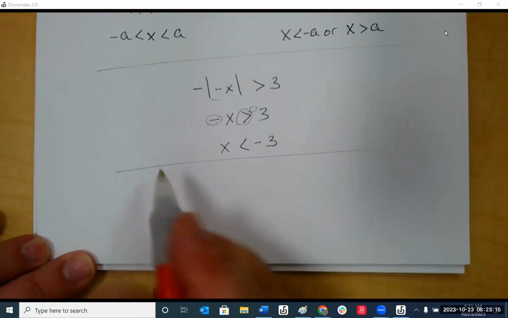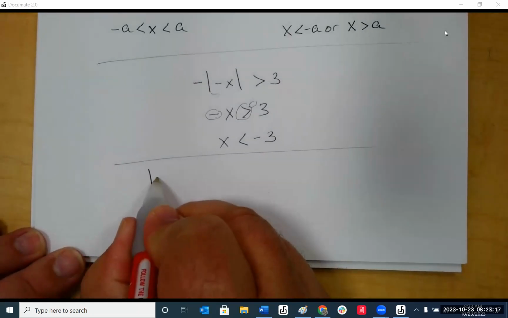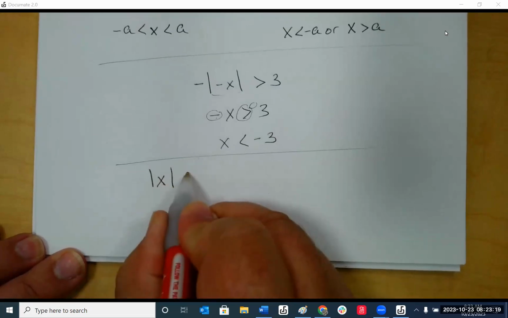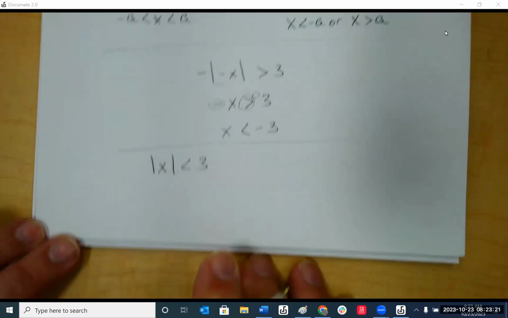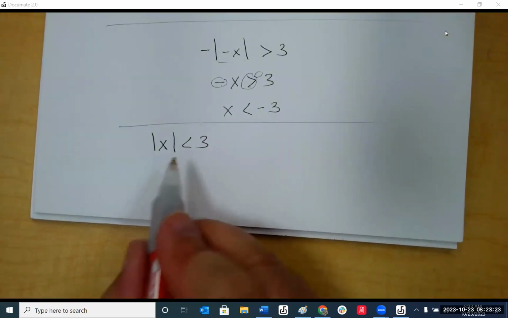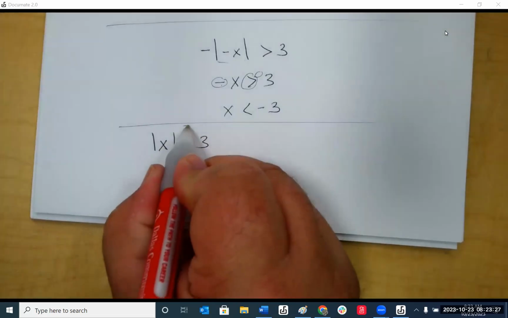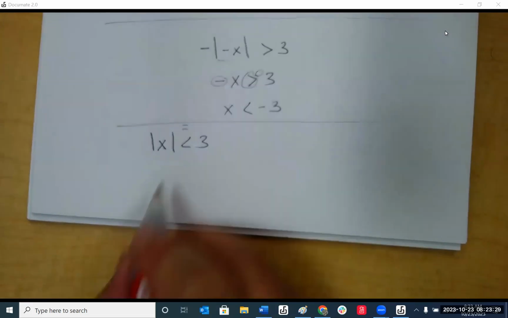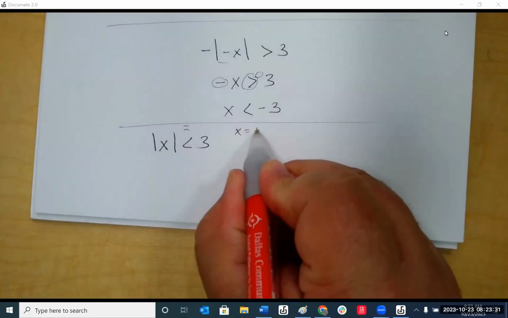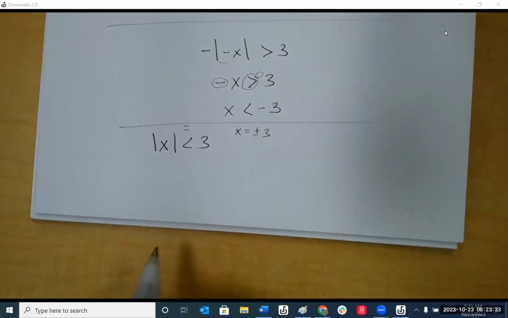What this says is the number inside here, x is less than 3. What this one says is x can be positive or negative. If we set that equal to 3, x can be equal to positive or negative 3.